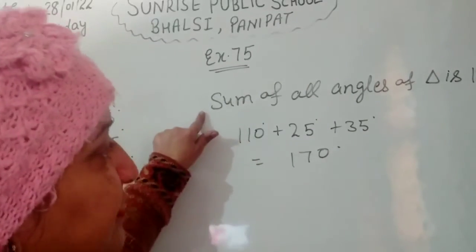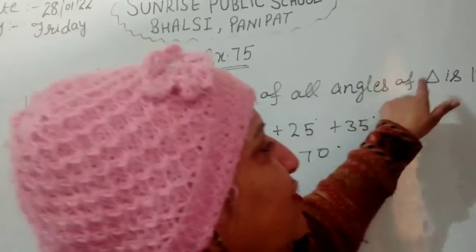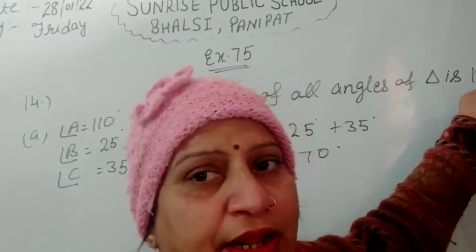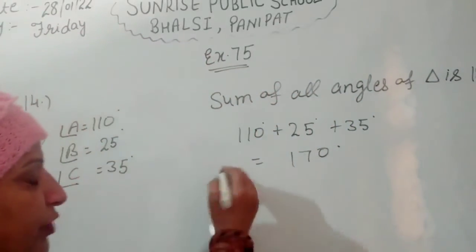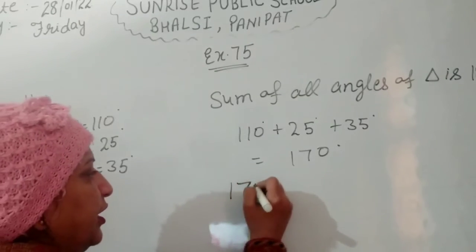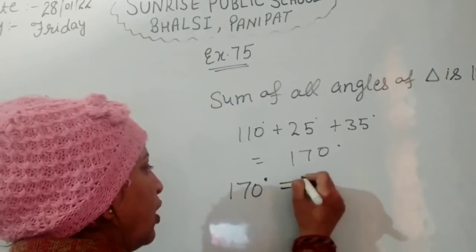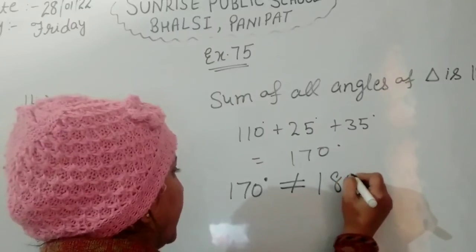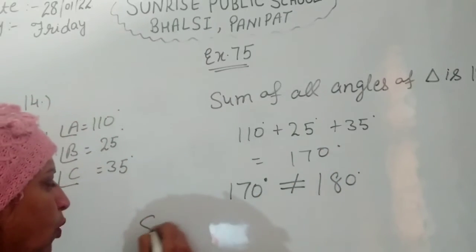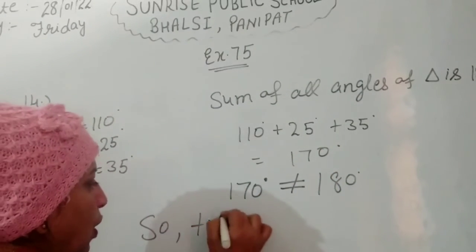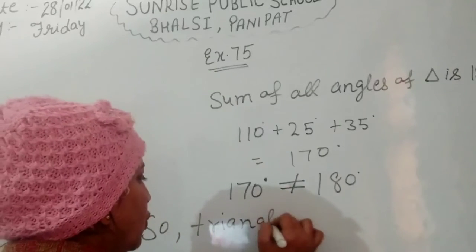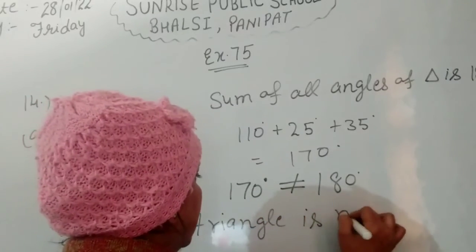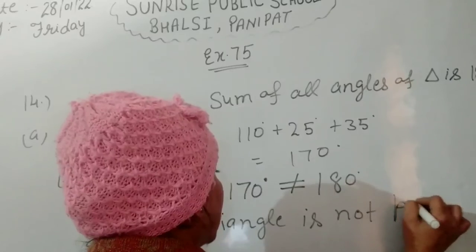But our condition is that the sum of all angles of a triangle is 180 degrees. So we write 170 degrees is not equal to 180 degrees. So the triangle is not possible.